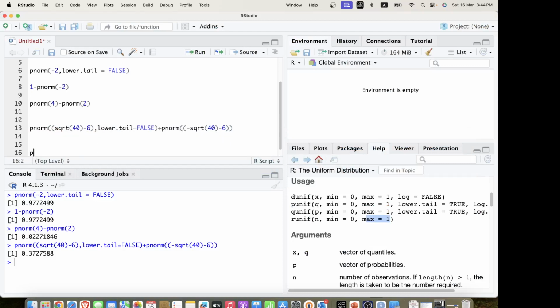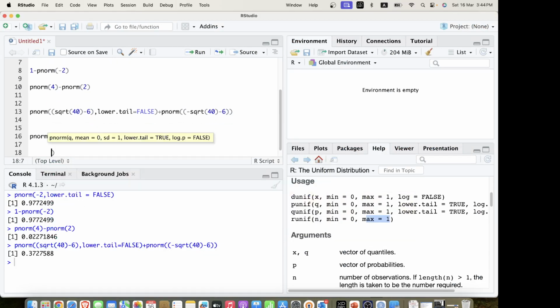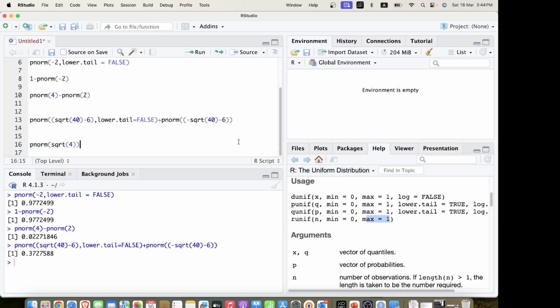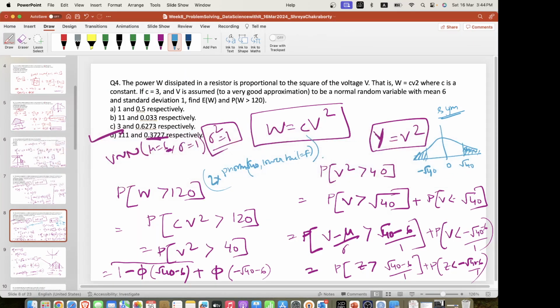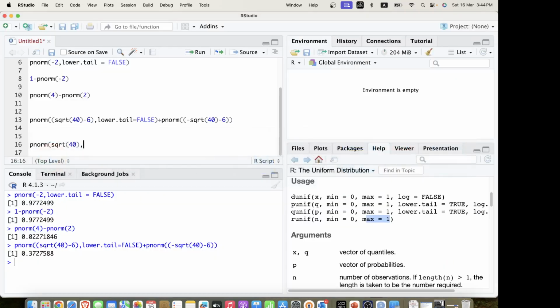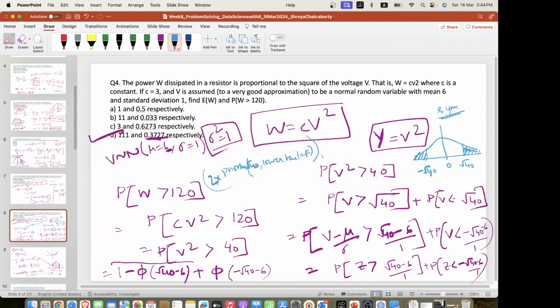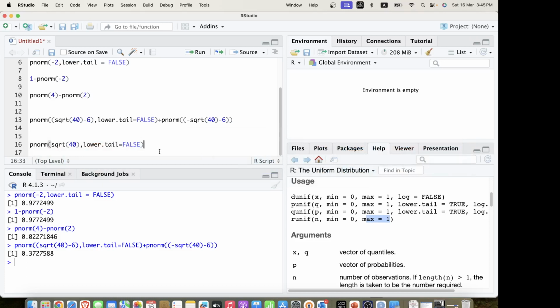Like here, if you do a p norm of square root of 40 with lower dot tail equal to false, it will give you this right hand side area, and since it is a symmetric distribution about 0, multiply by 2.